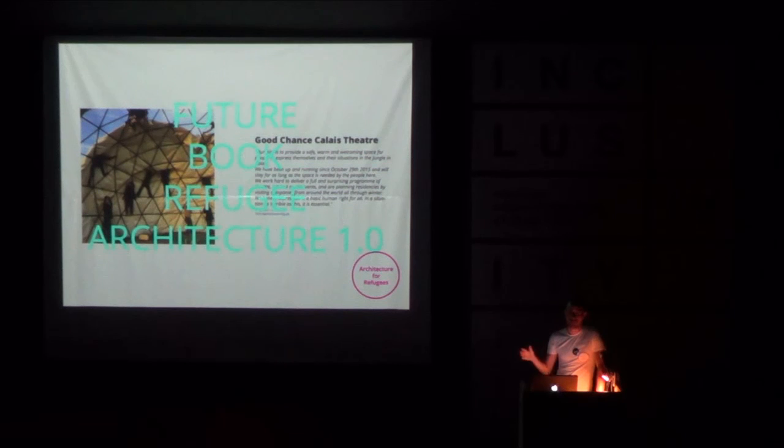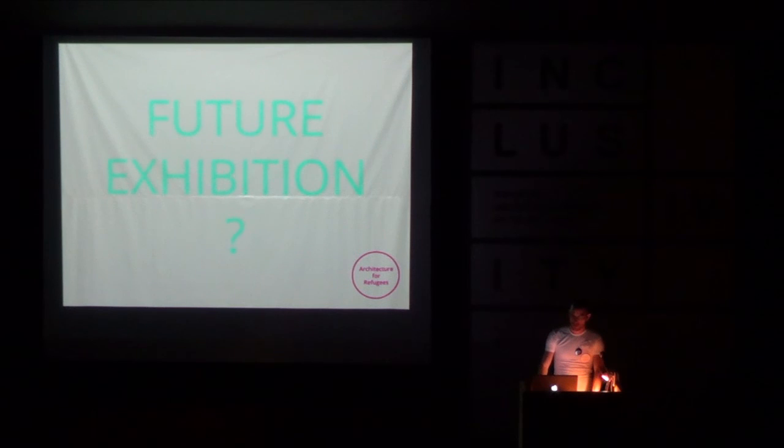It was a kind of theater where different cultures could meet and share their cultural background, and they could understand each other. We are also planning to have an exhibition series which would travel around the world and which would introduce the problem on a global scale to the normal architectural society.